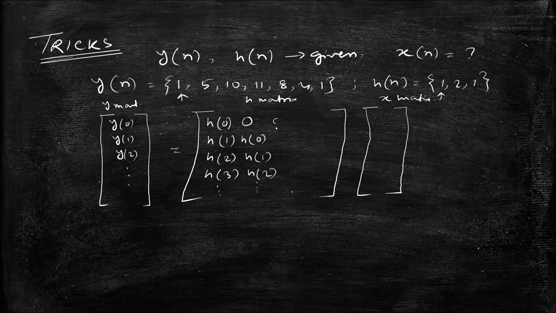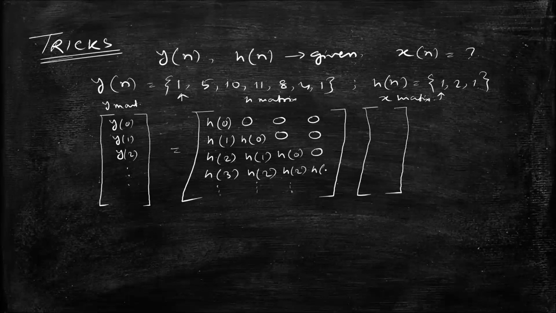Again 0 and 0, H of 0, H of 1. Similarly again H of 0, 0, 0. You have to choose like this until the last element is reached, with all zeros placed above until the last element comes.